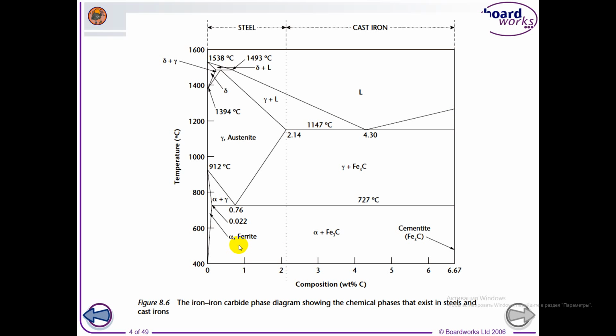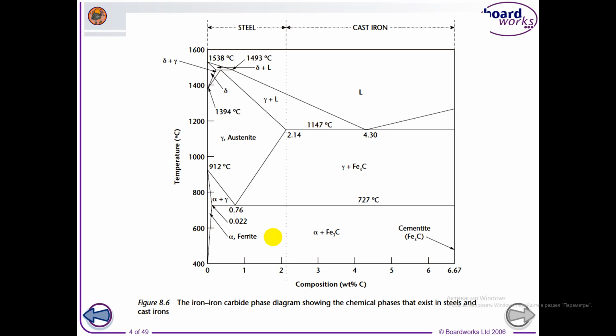At room temperature, most steels have a phase present called alpha ferrite or alpha iron, which has a BCC crystal structure.